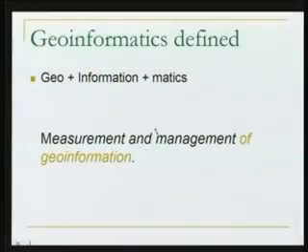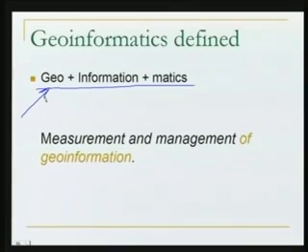So in order to understand that, we will start with the basic term geoinformatics. What is the definition of geoinformatics? The definition of geoinformatics is geo, information, and matics, as written here. So it is geo plus information plus matics. The meaning is: geo stands for anything which is on the surface, slightly below, or slightly above the earth.